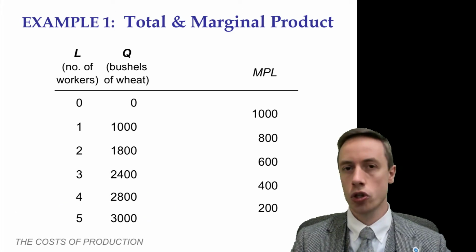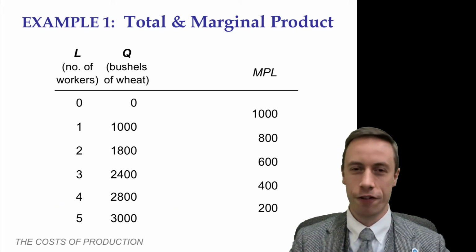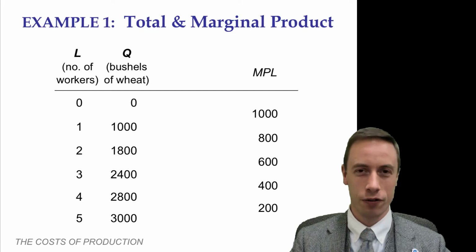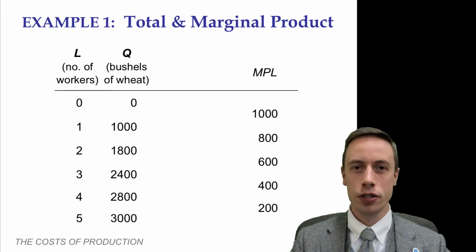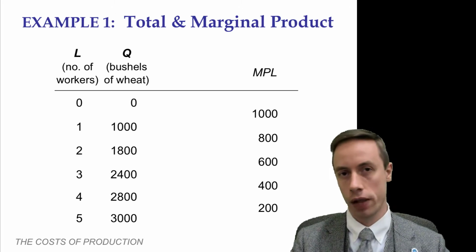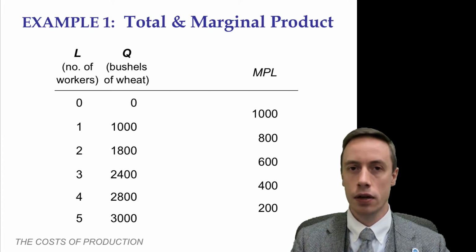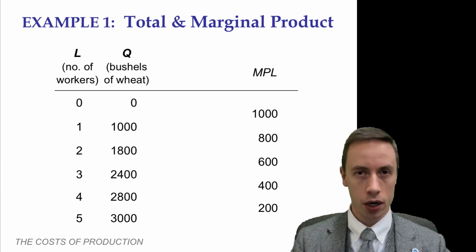This is not because the workers are worse, that the fifth worker perhaps doesn't work as hard as the first one. This is because we have more and more workers working the same fixed resource, 5 acres of land. So we're treating the workers here as identical. Nevertheless, the additional contribution of each worker diminishes.